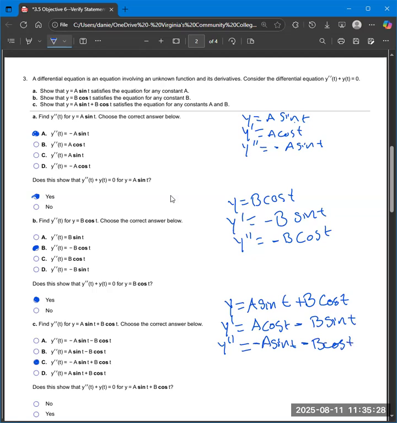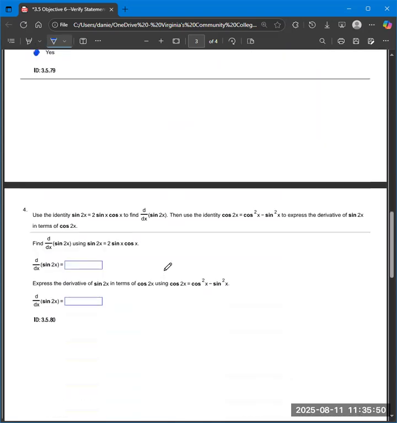So that's c, right? Part C. No, A. Negative, negative, right? And so yes, that's an answer as well when I add them together. There we go.